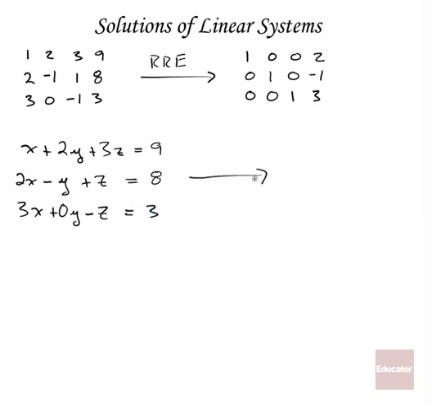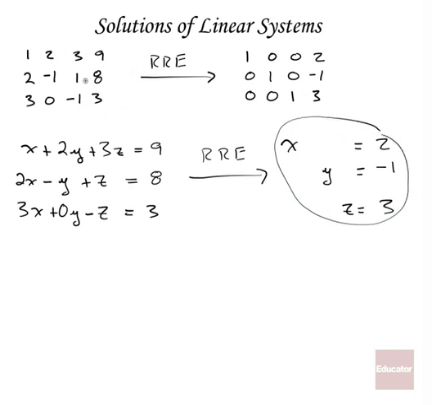And again, whenever we transform a matrix from the standard matrix to its reduced row echelon form, we form an equivalent system. So what we've produced is the following. This time I'm going to avoid the zeros. We have x equals 2, y equals negative 1, and z equals 3. So this is our solution.